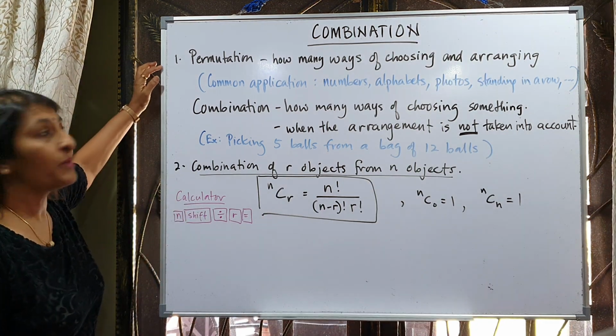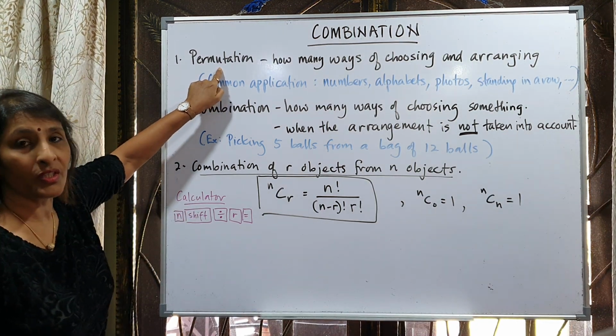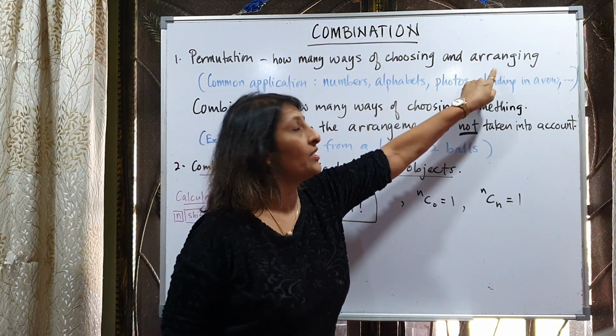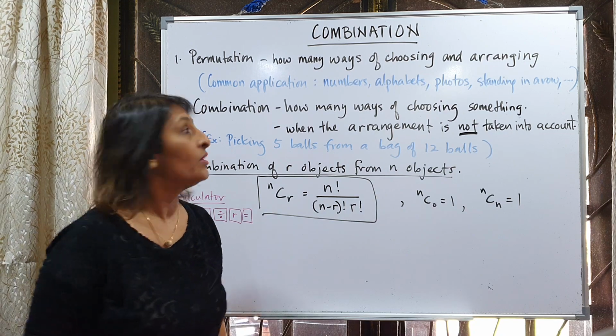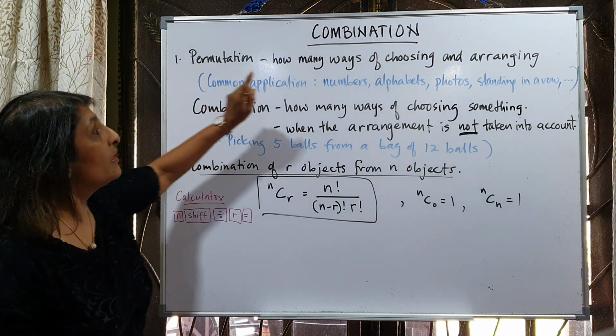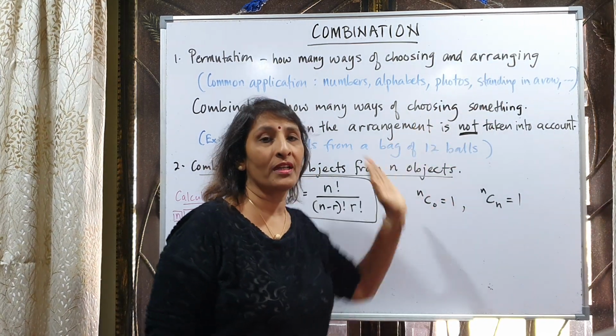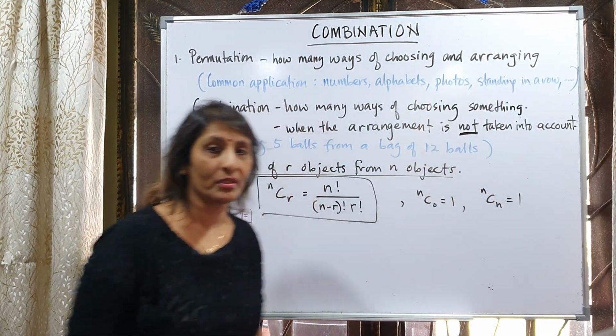Let's look at permutation. For permutation, it is how many ways of choosing and arranging something. So in permutation, the arrangement is important. Who first, who second, who third is important here.